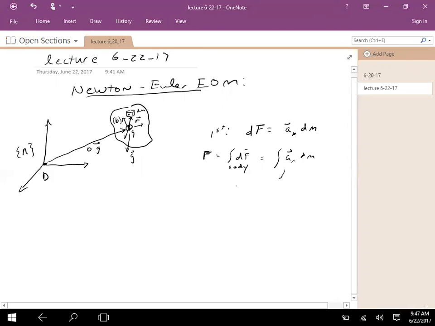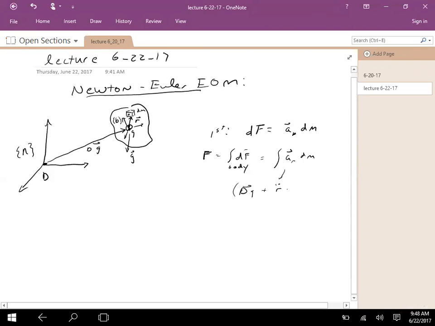So I'm going to get these couple terms. I'm going to get the dg plus, so I've got to do the second derivative of this thing. So I'm going to get dg plus my terms r double dot.